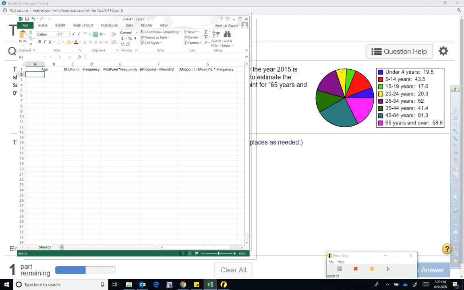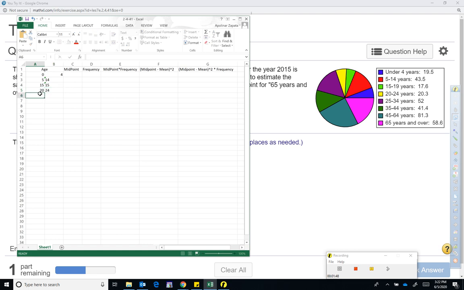For the first class we have under 4 years, so the lower limit is 0, the upper limit is 4. For the next class, from 5 to 14, next class is 15 to 19. Then we have 20 to 24.